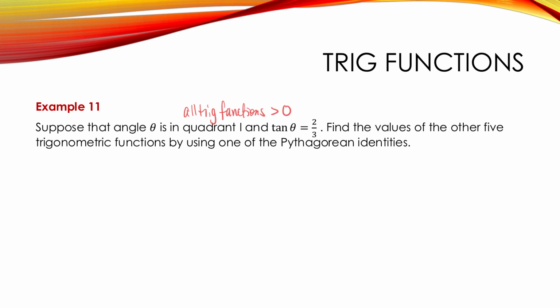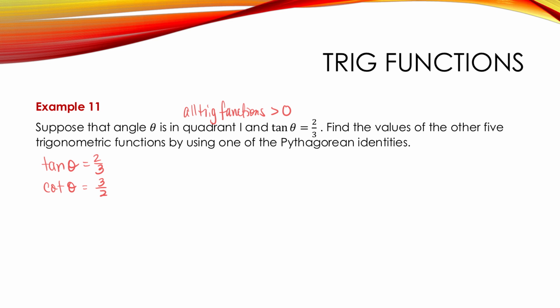So we don't have to worry about signs at this point, which is great because all that we know so far is that tangent of theta is 2/3. The nice thing is that means cotangent of theta is the reciprocal, which is 3/2. We're 1/3 of the way there already.